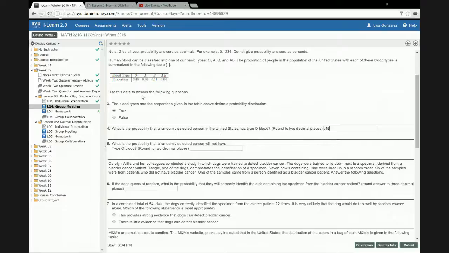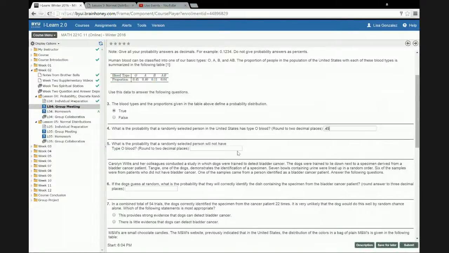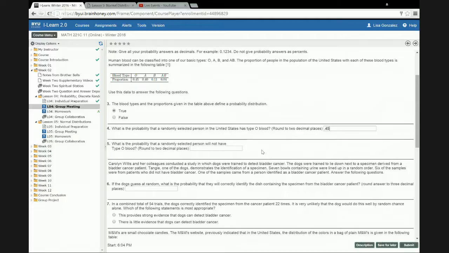Yeah, it should just be 0.45, right? Correct. Number 5. What is the probability that a randomly selected person will not have type O blood, rounded to two decimal places? That's got to be 0.55.